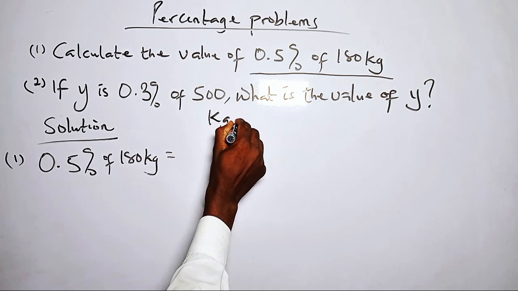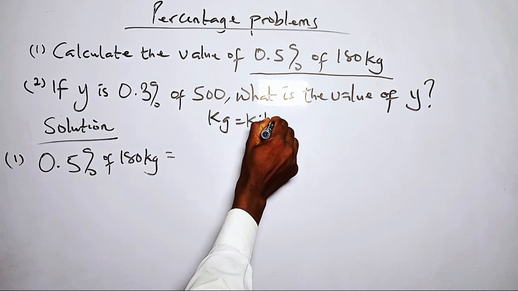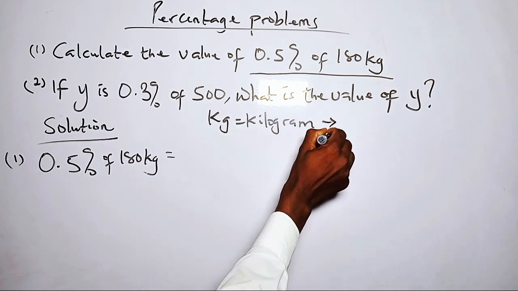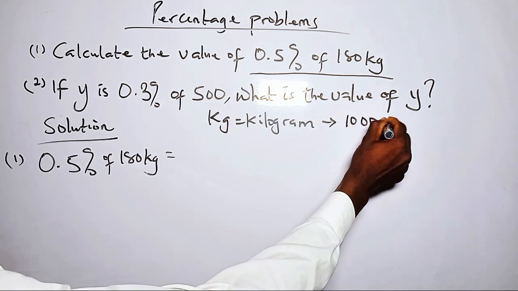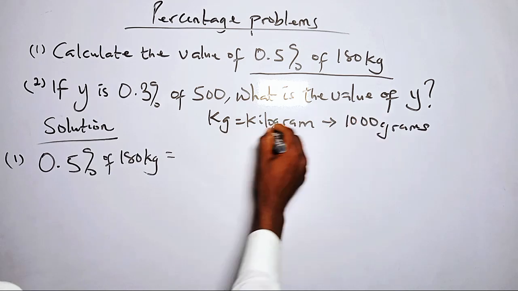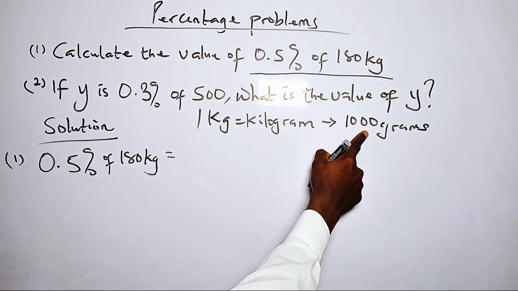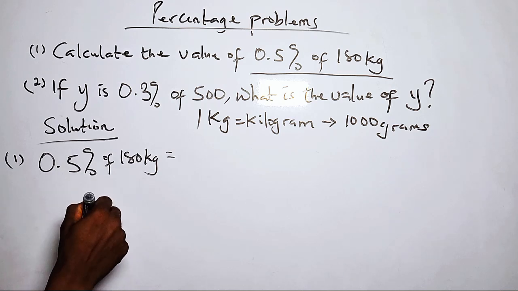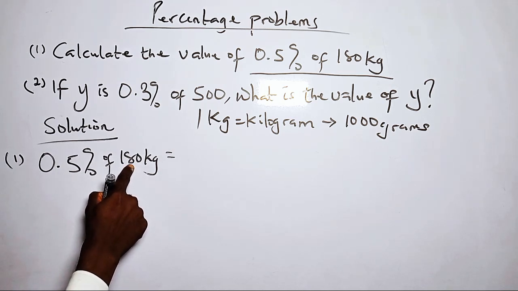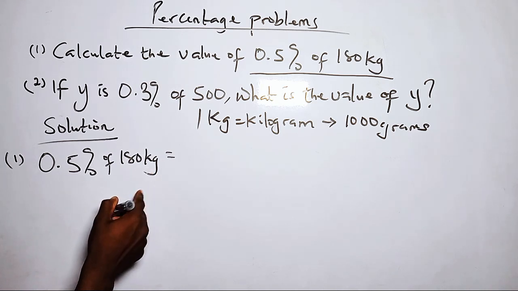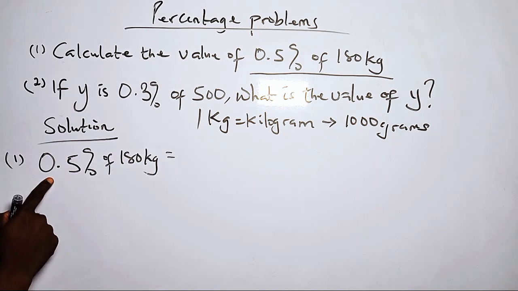So for a kilogram, we have it as 1000 grams, okay? So we are converting 1 kg to grams, so we have it as 1000 grams. So that means we need to change this to grams. It's optional, but let us start with this.